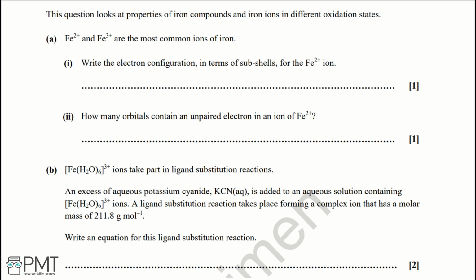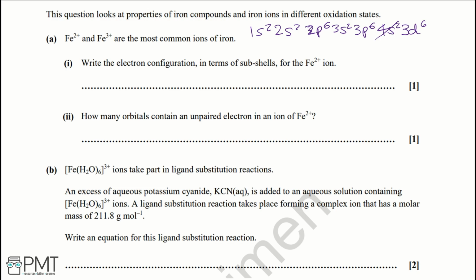If we were to write the electron configuration of the atom, that is 1s2, 2s2, 2p6, 3s2, 3p6, 4s2, 3d6. The 4s electrons are added first and lost first, so when forming a 2+ charge we would lose our 4s electrons.